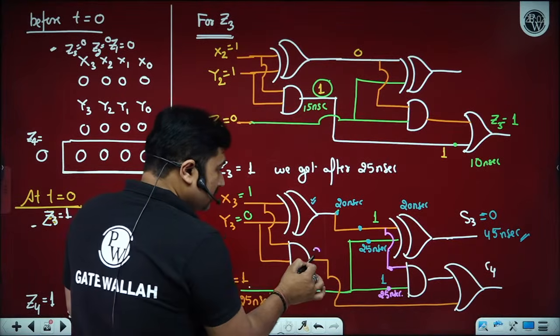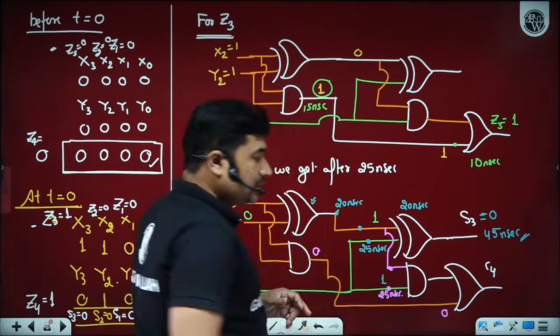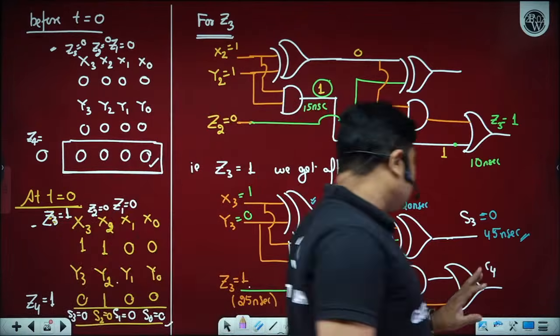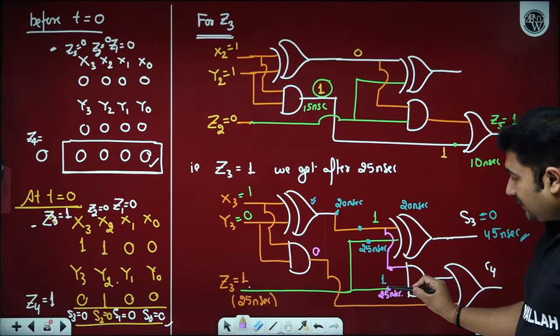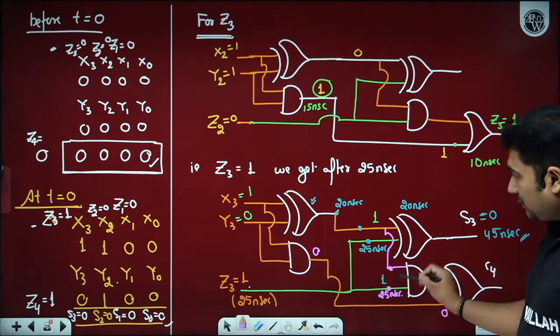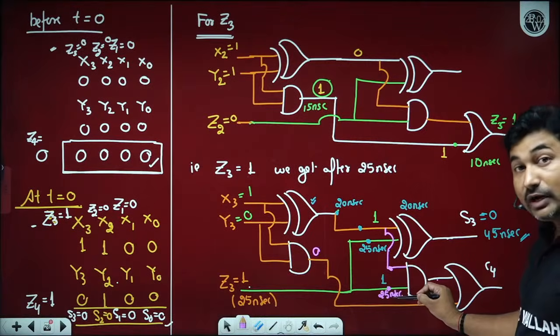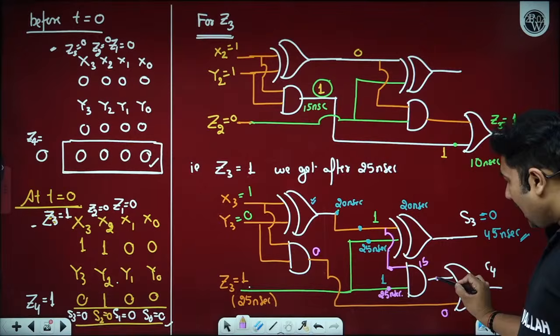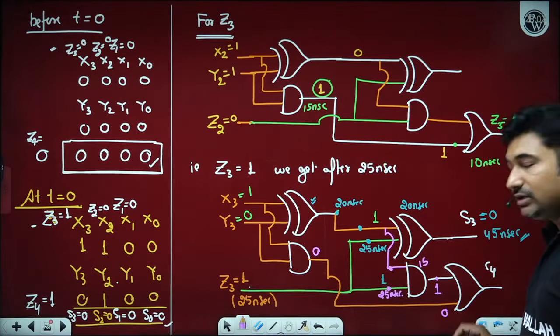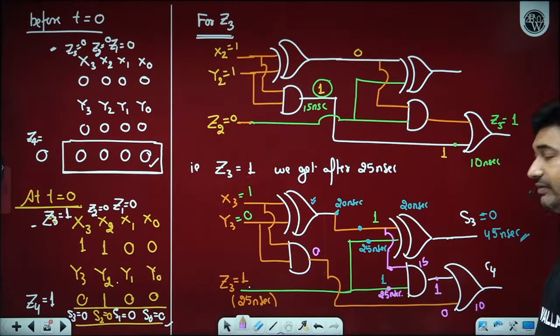And 1, 0 will give 0, so it means this input of the OR gate doesn't have any function. We have to wait for this input to come. After 25 nanoseconds, we have both inputs as 1, 1. From initial, it would take 15 nanoseconds, so after 15 nanoseconds we get logic level 1, and after 10 nanoseconds we have output C4.